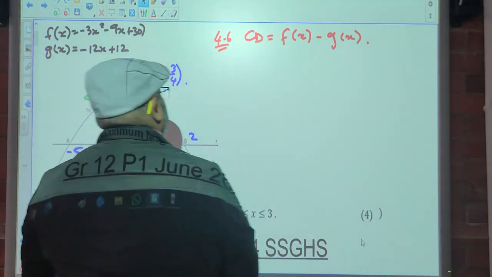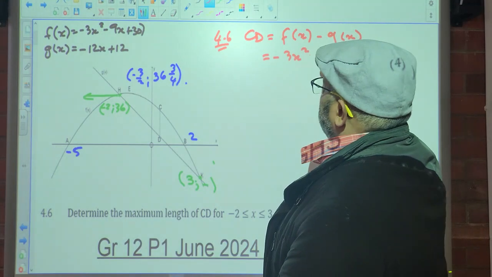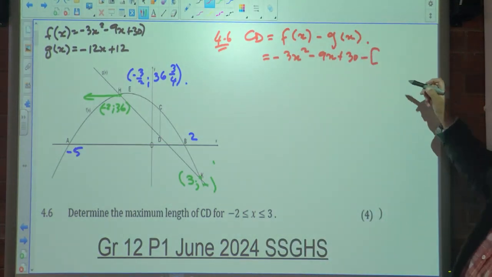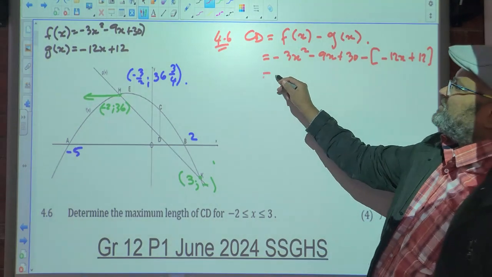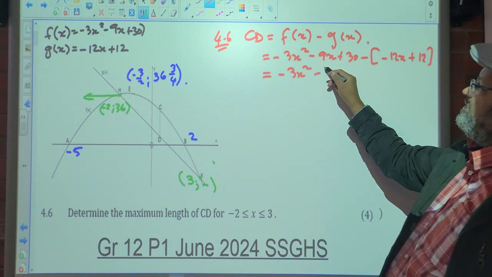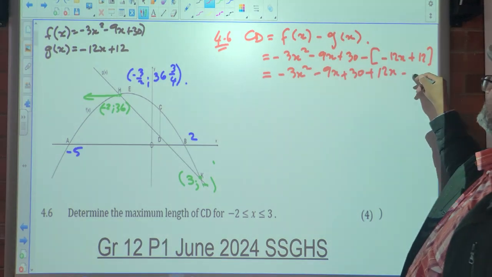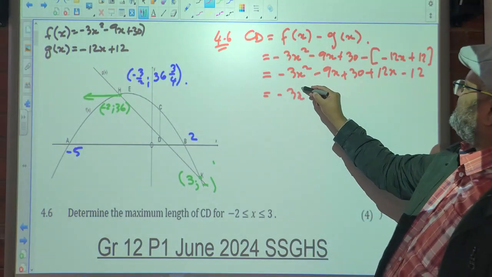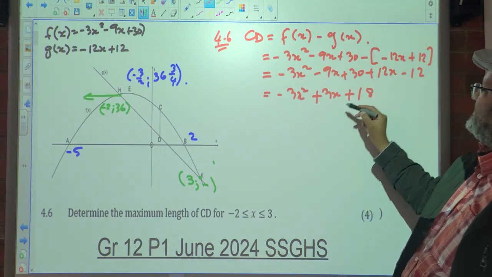The equation is negative 3x squared minus 9x plus 30, minus the g of x graph, which is negative 12x plus 12, which gives you negative 3x squared minus 9x plus 30 plus 12x minus 12. So that's going to give us negative 3x squared plus 3x plus 18.